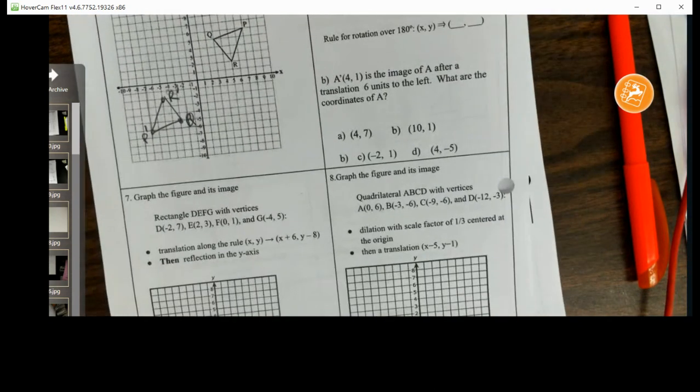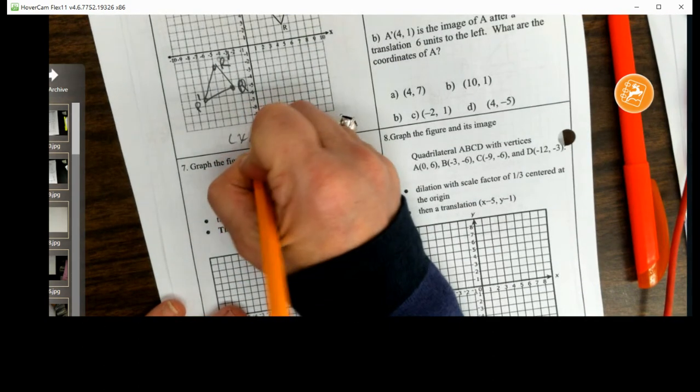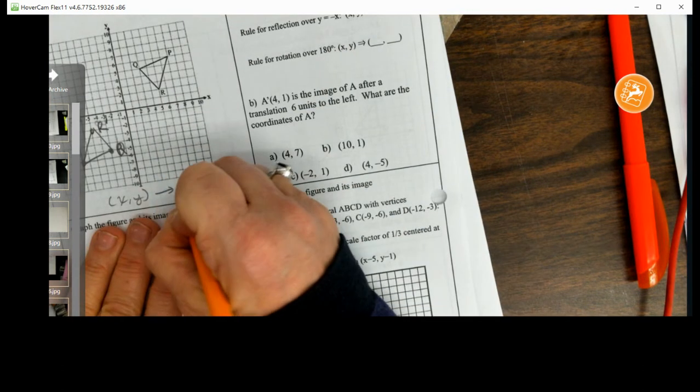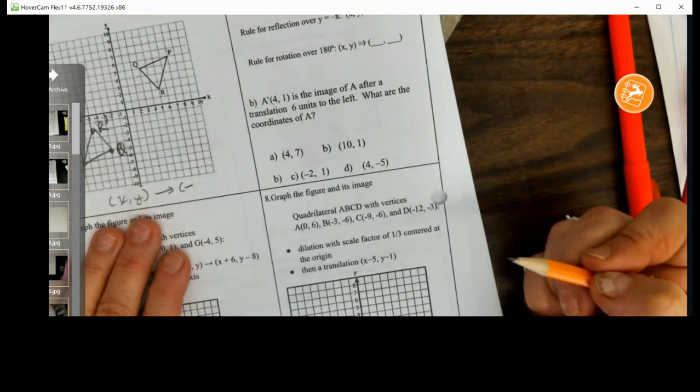To remind you, rotating (x, y) by 180 becomes (-x, -y).